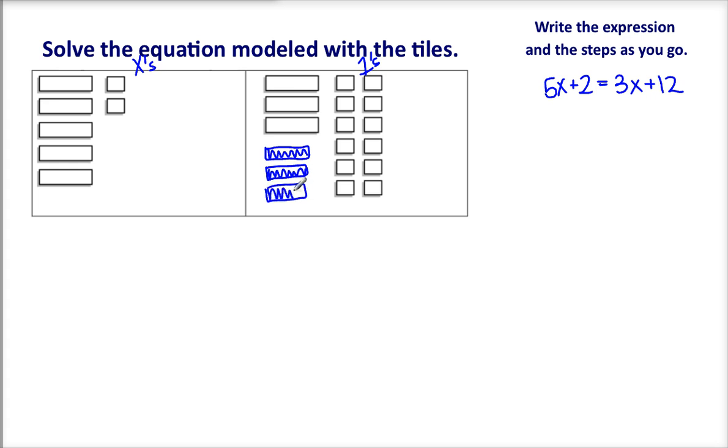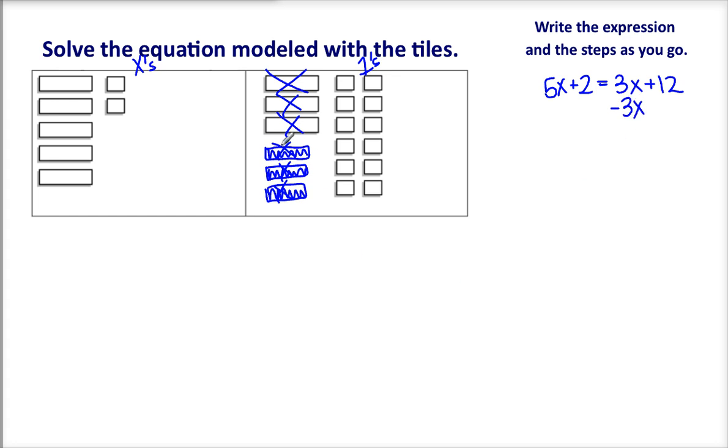Right? Okay, so if I have 3 x's and negative 3 x's, these two would combine to be 0, these would be combined to be 0, and these would be combined to be 0. So on this side of the equation, we combined this all with a negative 3x.